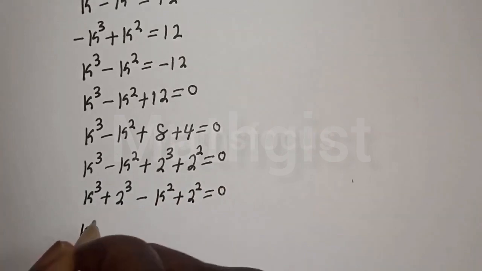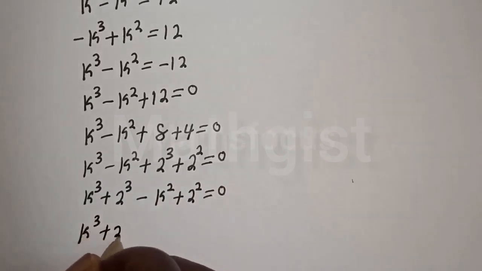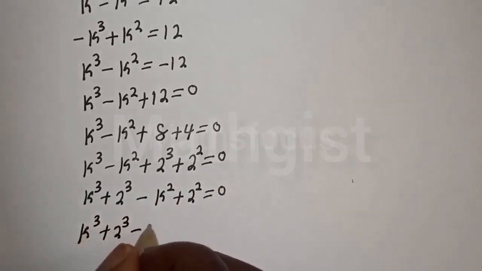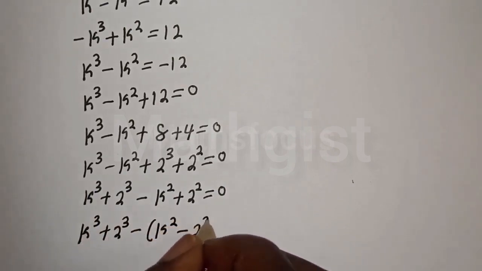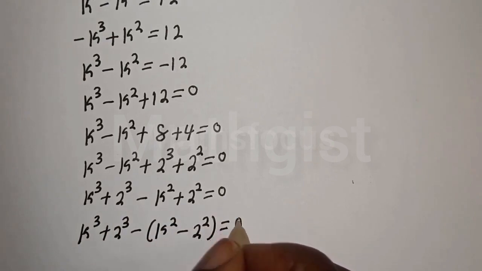Here is k raised to power 3 plus 2 raised to power 3 minus k squared minus 2 squared is equal to 0.